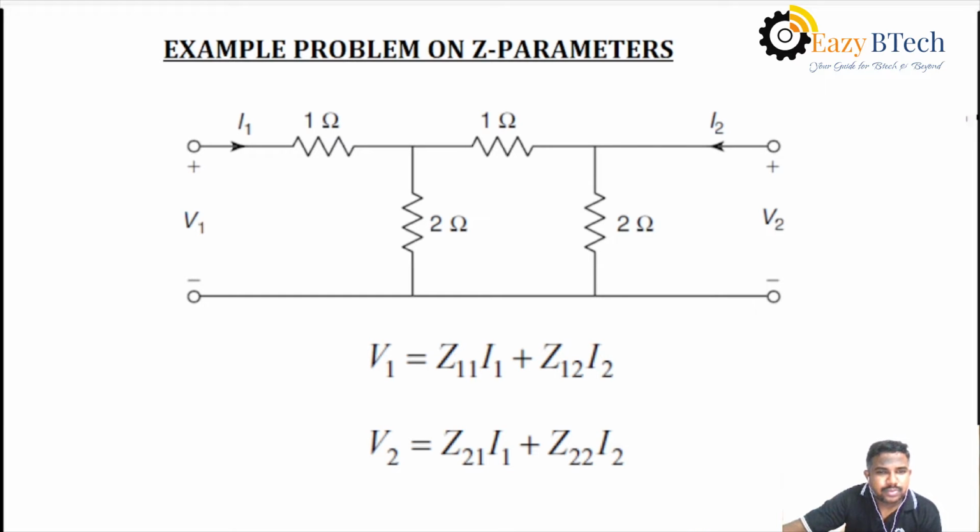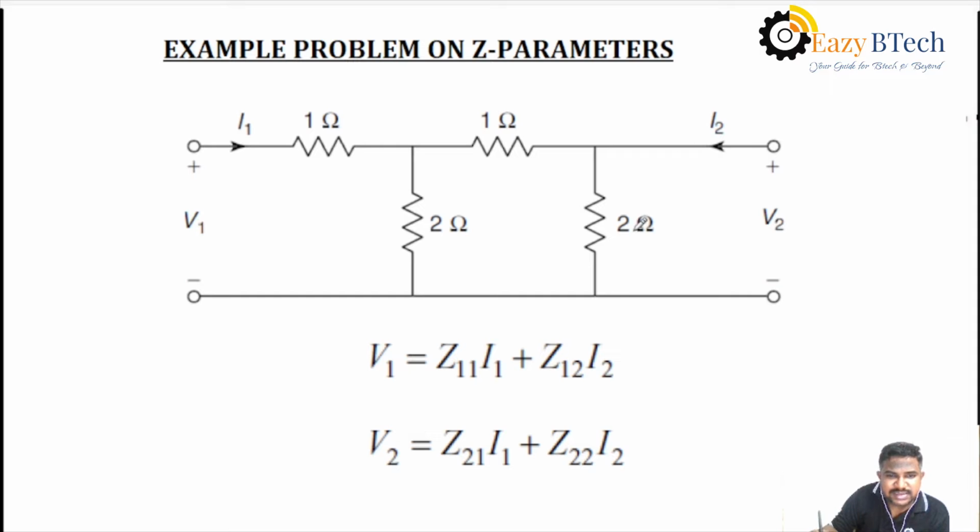In this video, I will discuss how to calculate Z parameters as well as how to calculate Y parameters for the given circuit. Consider the circuit here. For this circuit, you have to calculate the Z parameters, that is impedance parameters.